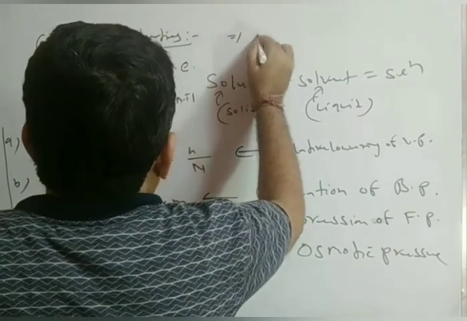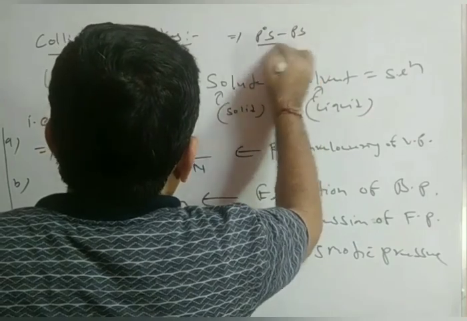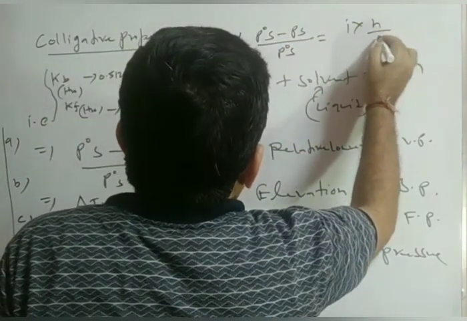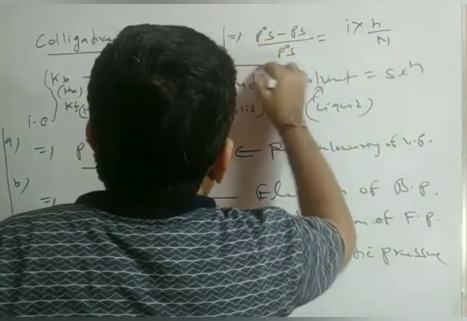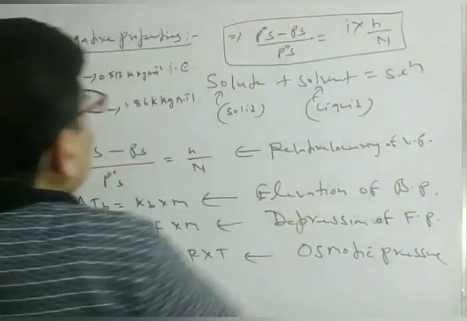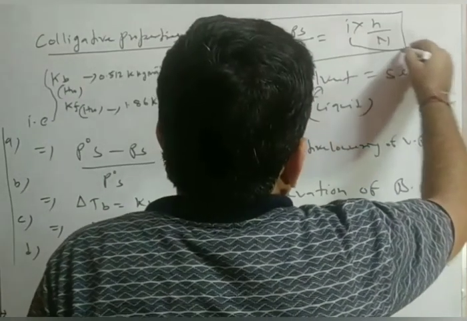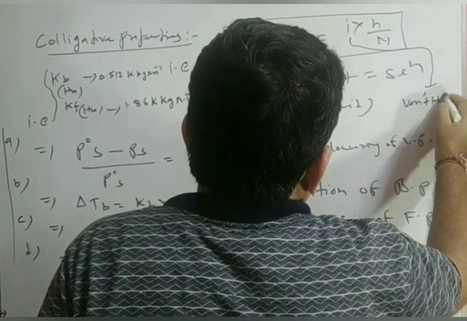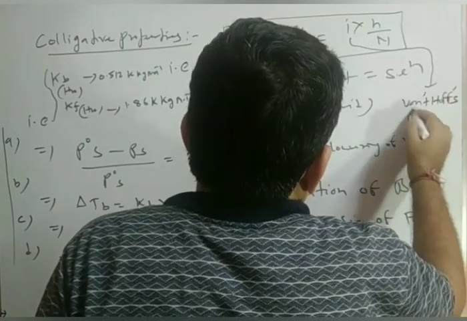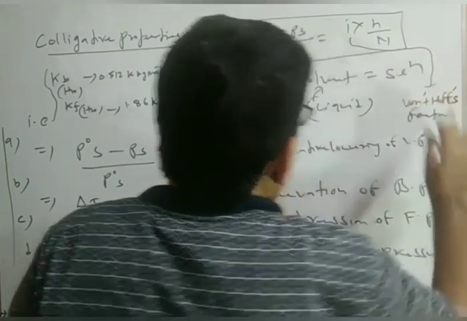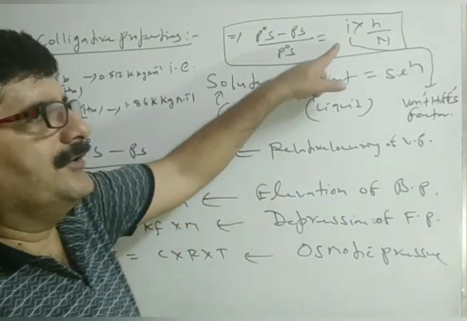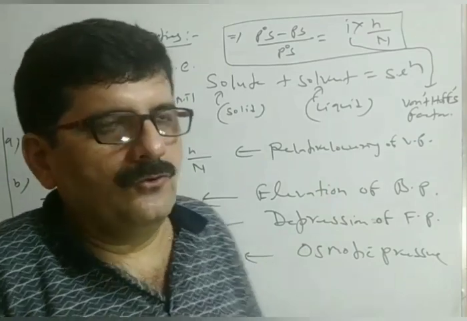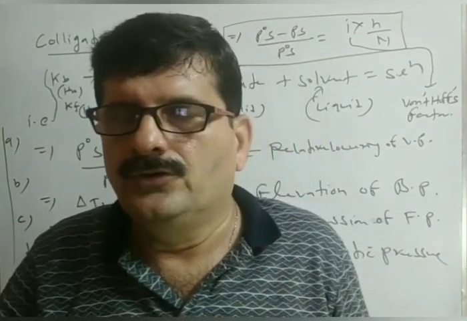That is P naught s minus Ps divided by P naught s is equal to i into n. This i is said to be what? Van't Hoff factor. First you determine Van't Hoff factor. If other terms are given and molar mass of solute is unknown, then we can find out the molar mass of solute.